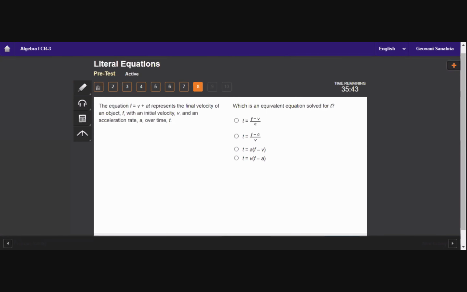And on the left side, I would divide both the F by A and the minus V by A. But another way of writing that is just to put a line underneath F minus V, the whole thing, and then A underneath. So it'd be A.